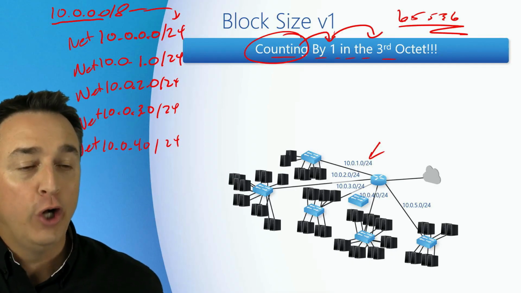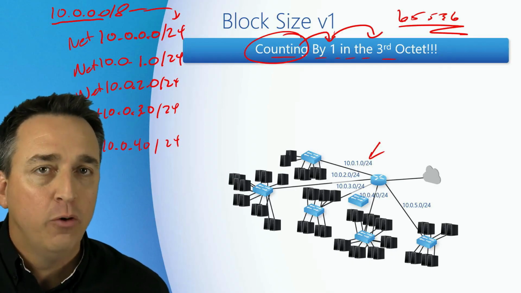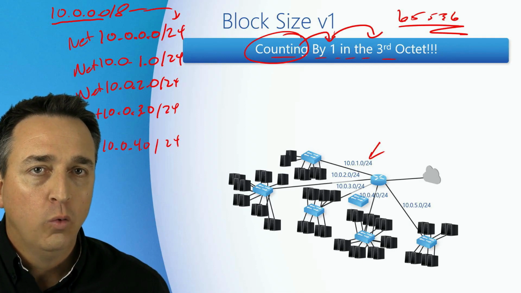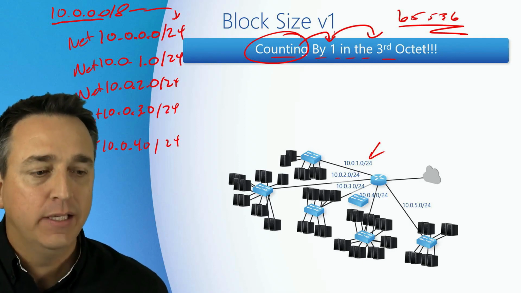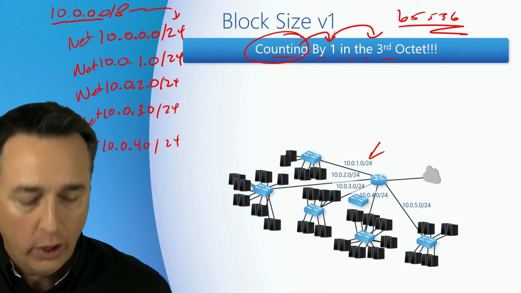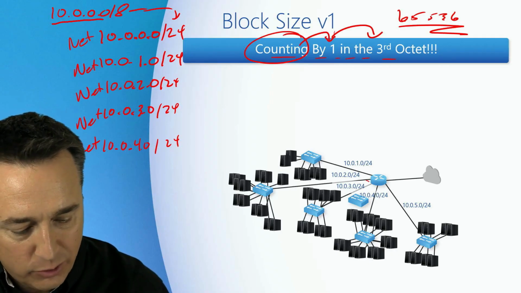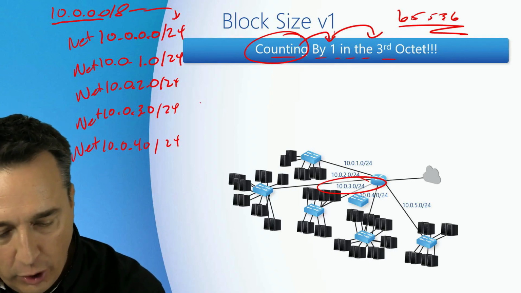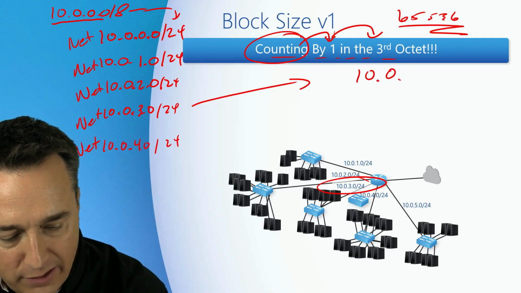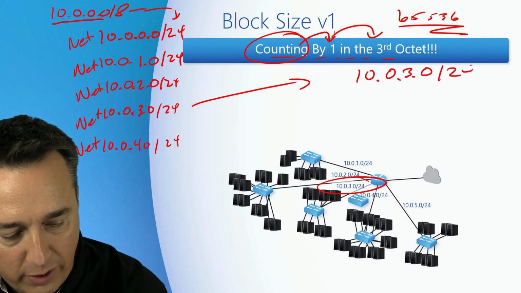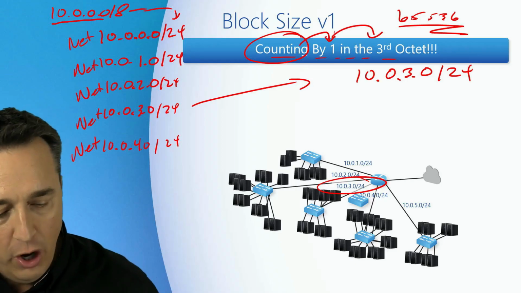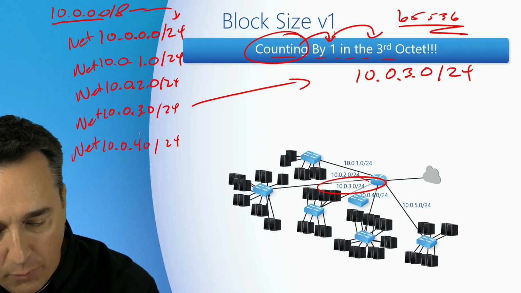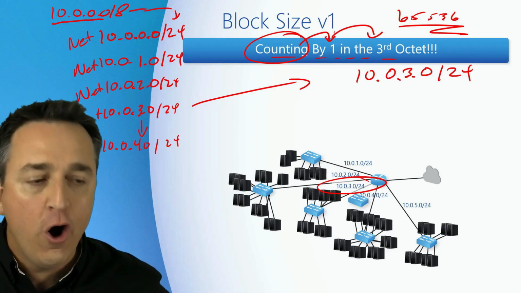So, are you able to now figure out what are the addresses in that network? Sure, of course, because, for example, take this one right here. Right? So you have 10.0.3.0/24. You now know the next network ID is what? 4.0.